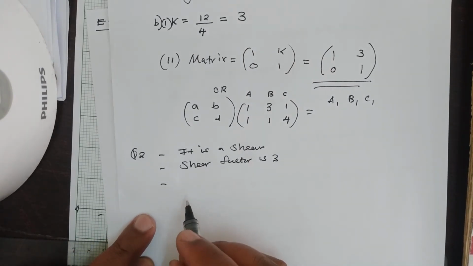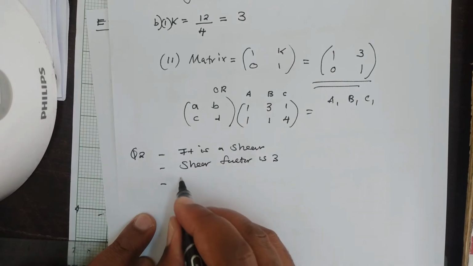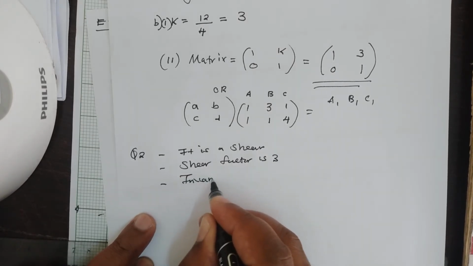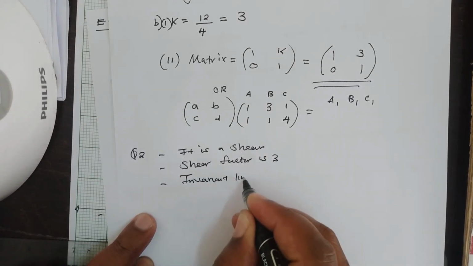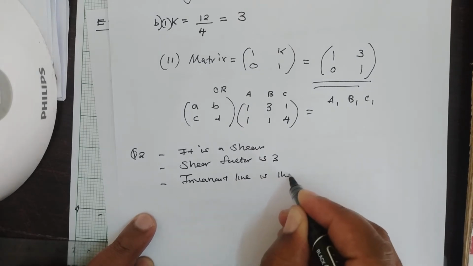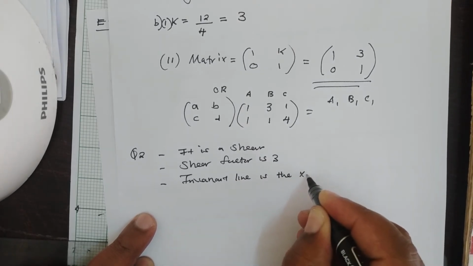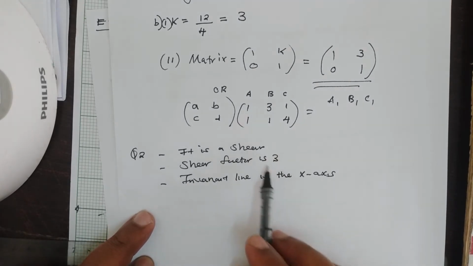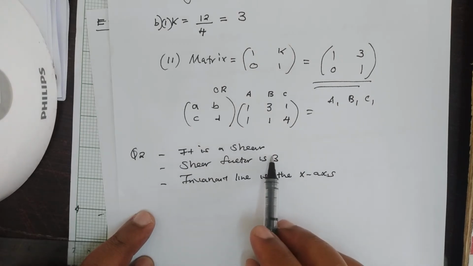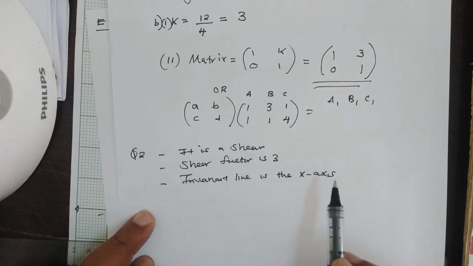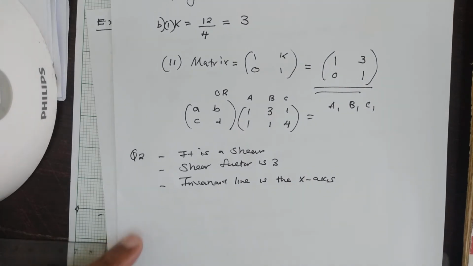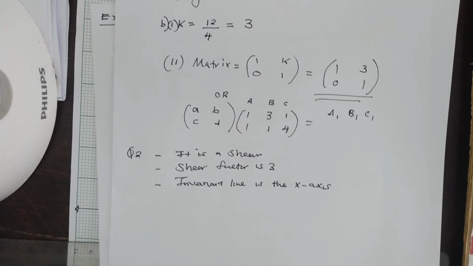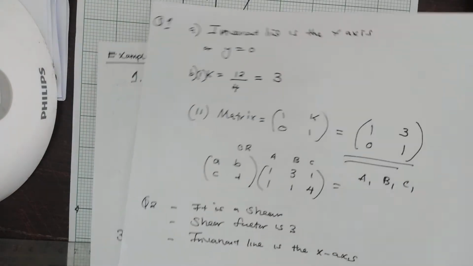You also give the invariant line, which is the x-axis, like we said earlier on. Now sometimes others will ask you to put direction, but the shear factor itself will tell you about the direction, because if it is positive, it's telling you where it is going. If it is negative, again, it has its own implication, so you don't even need the direction, but that is enough.